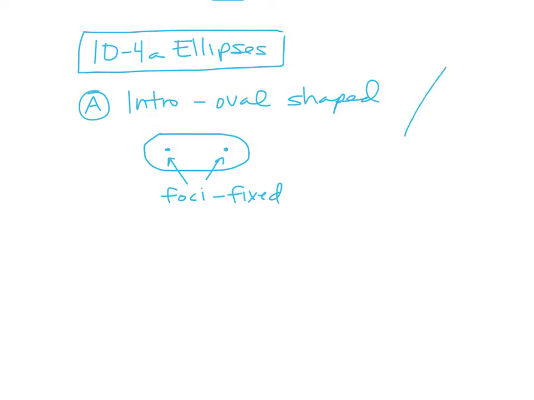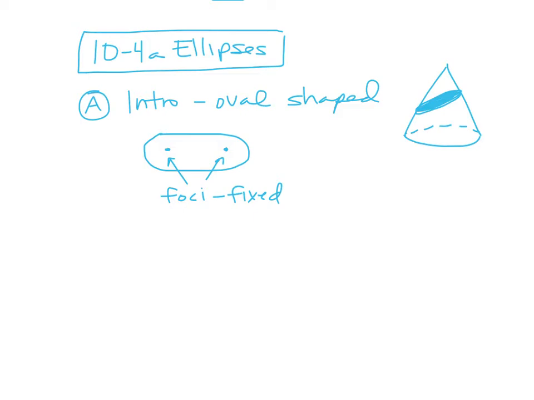Really what an ellipse is doing, if you take a cone, okay, conic section, and we do a cross section like this, we get this oval shape. So that's what we're working with here.